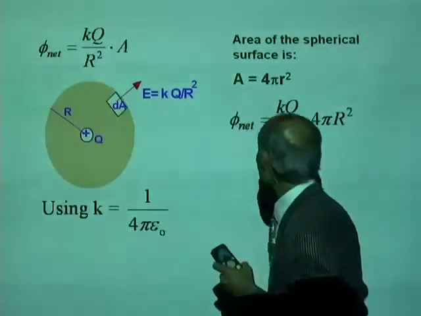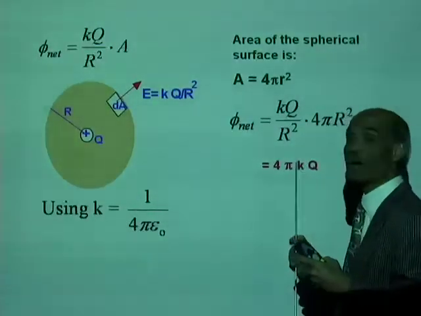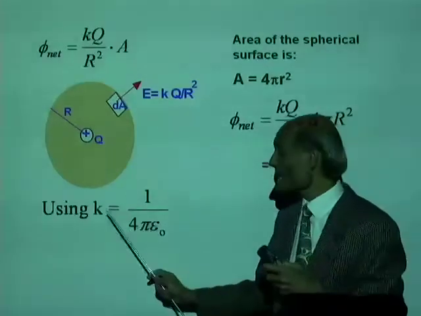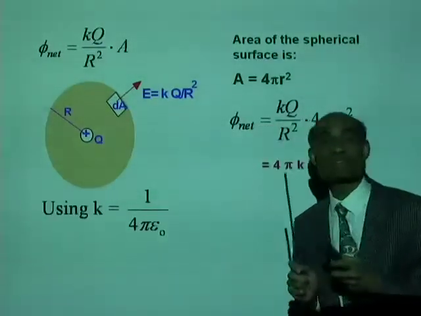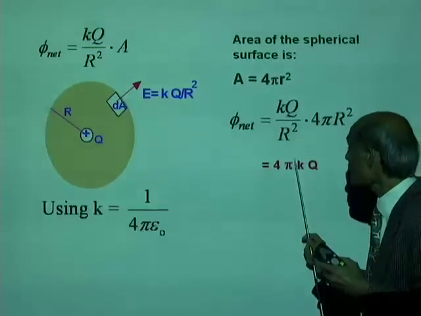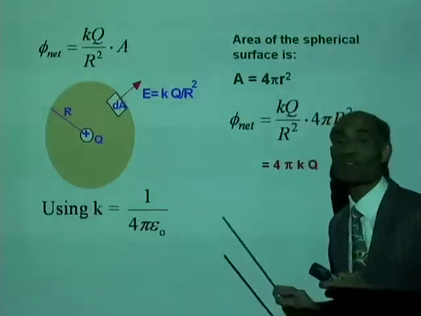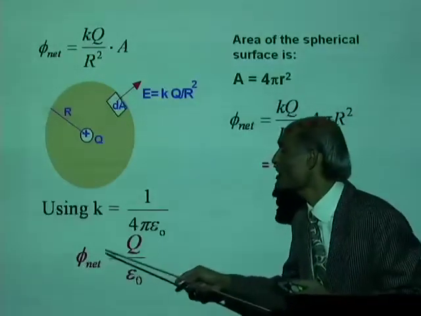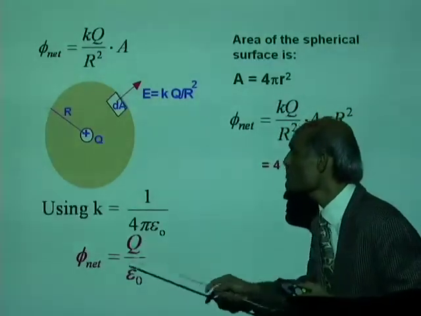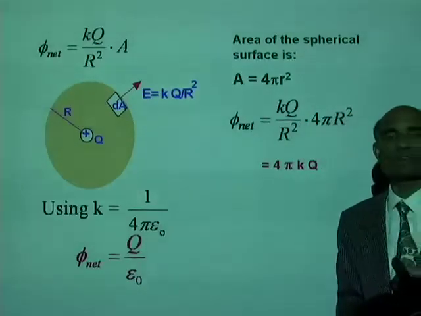And remember, our k can also be written as k equals 1 over 4 pi epsilon naught. If you now replace this k by that value, what will the net flux equal? Phi net equals q over epsilon naught.